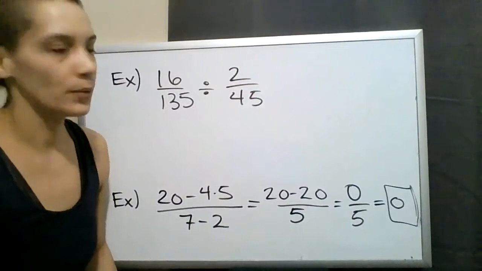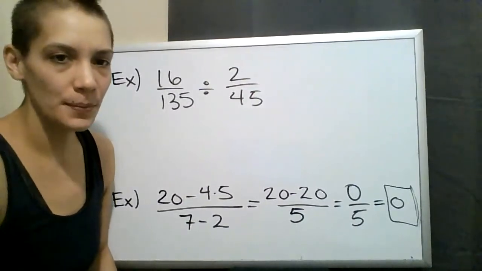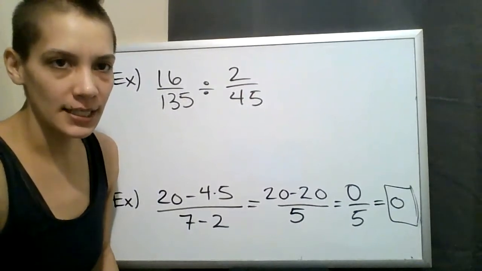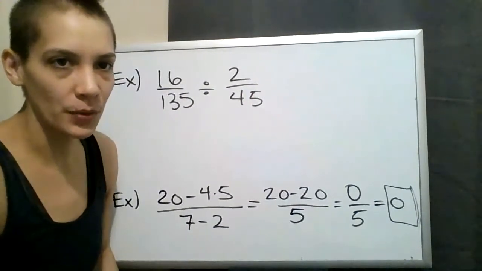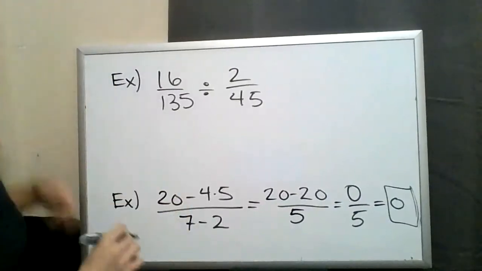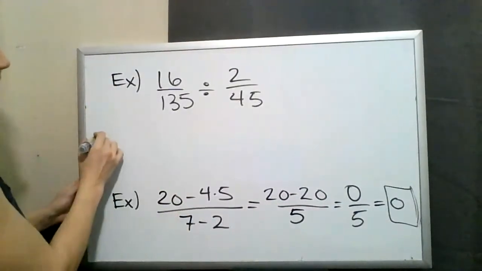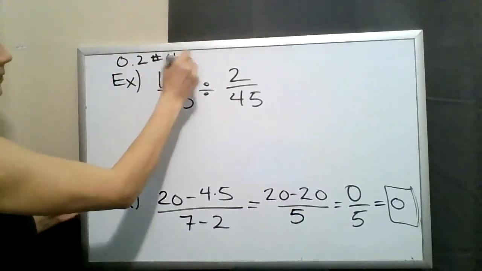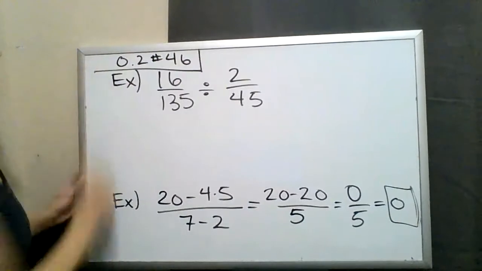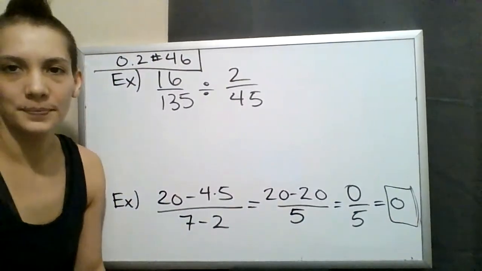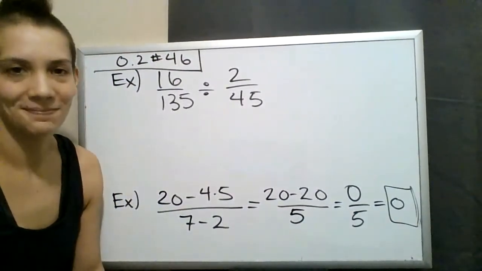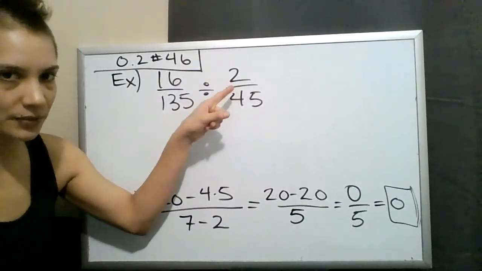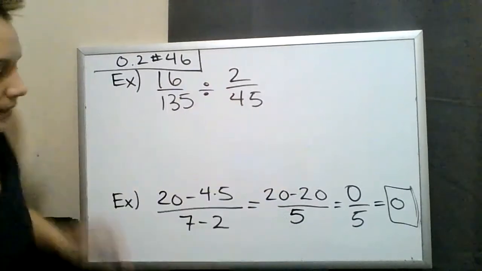So we're in 0.2. Exercise set 0.2, and this is number 46. I'm going to change this to multiplication, find the reciprocal of that fraction, and then see what happens next.